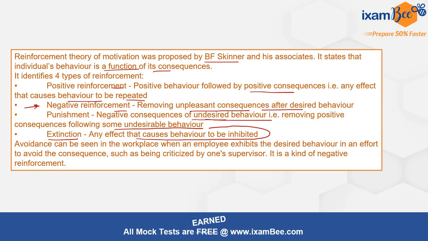Avoidance can be seen in the workplace when an employee exhibits the desired behavior in an effort to avoid a consequence, such as being criticized by one's supervisor. It's a kind of negative reinforcement, right? If I don't do this, my boss is going to shout at me. So to avoid that shouting, removing the unpleasant consequence, you follow some kind of behavior.